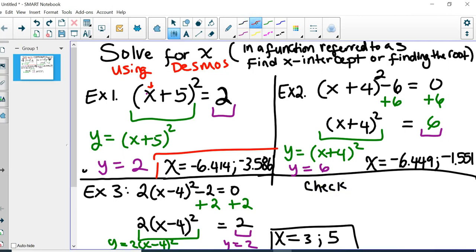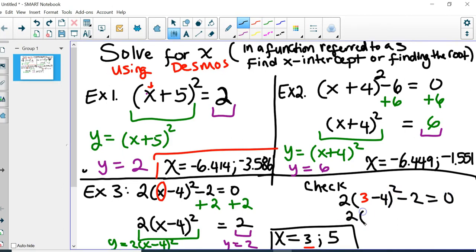It means everywhere you see x, you want to plug in 3 to check for 3. So we're going to rewrite that same function and see if it is right. Sorry, we're going to plug in 3. 2(3 - 4)² - 2 has to equal 0. Remember, order of operations, you want to do your parentheses first.